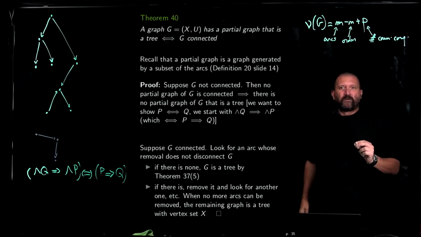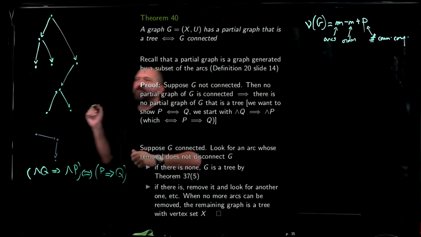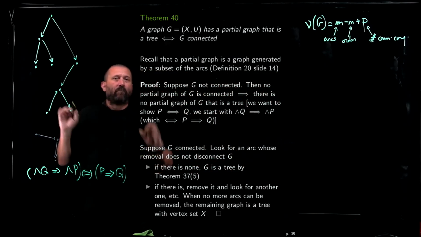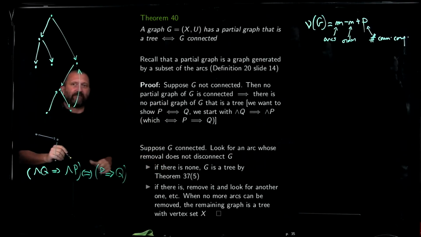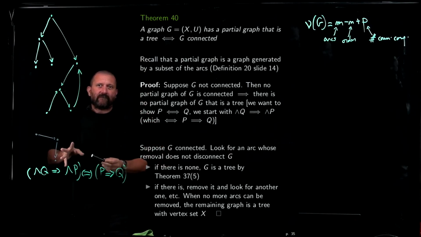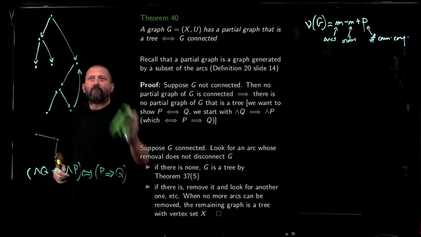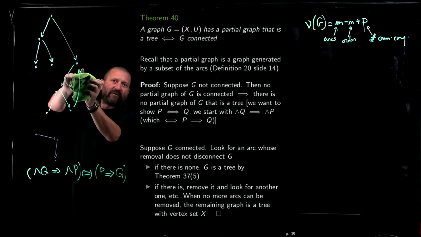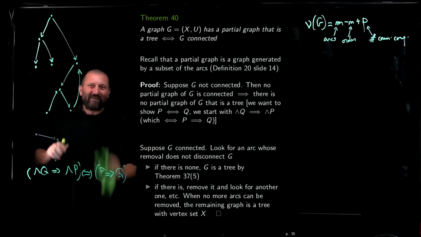Now, what I'm going to do is look for an arc whose removal does not disconnect G. So perhaps I'm in a situation where I have something like this. Let me look for an arc in this graph whose removal does not disconnect it. If there's none, we're in the situation we were in before.